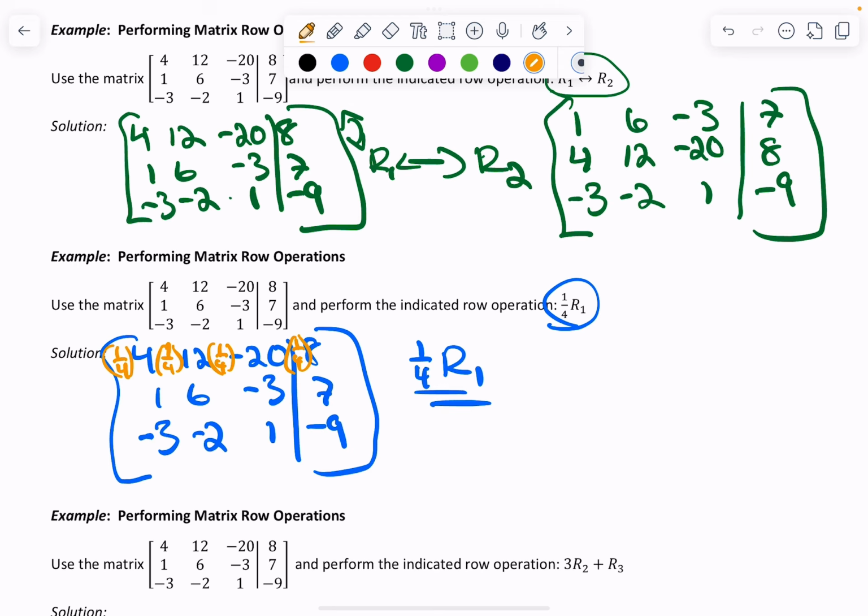So our new row 1 is going to be 1, 3, -5, and 2. Row 2 and row 3 did not change.